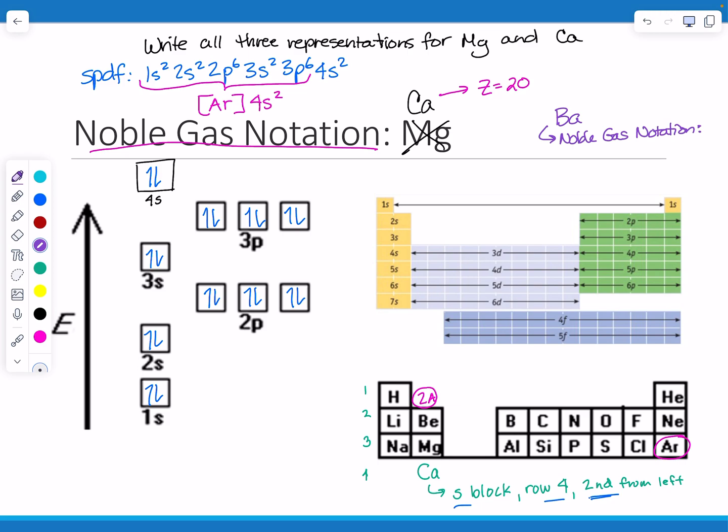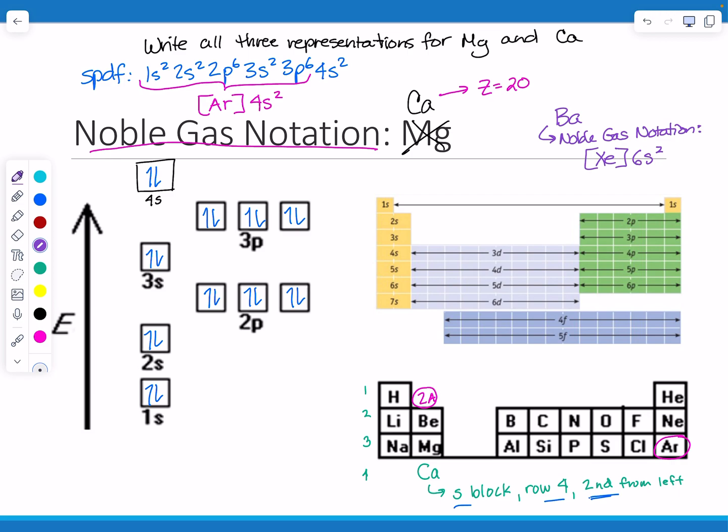So which noble gas are we going to pick? Xenon, because that's the one that's above it. And we know there's going to be 2 valence electrons because it's in group 2. And what's the n number for that? So what row is it in? 6. 6s2. Look at that. We did that in like 10 seconds.